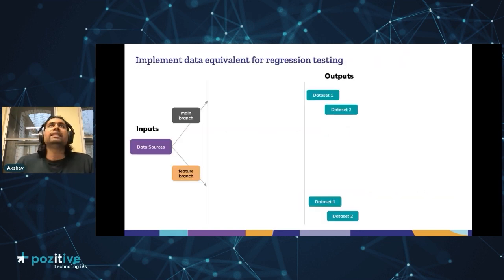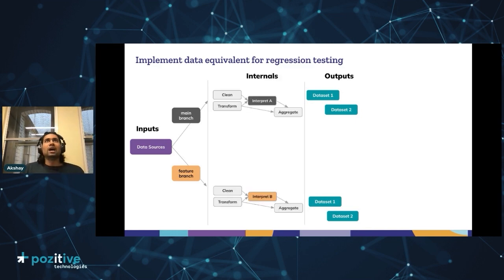When we started implementing the different features for our data product, another thing that we noticed is that it was very hard for us to understand, when we made a change, how it would affect the different data products that we had.